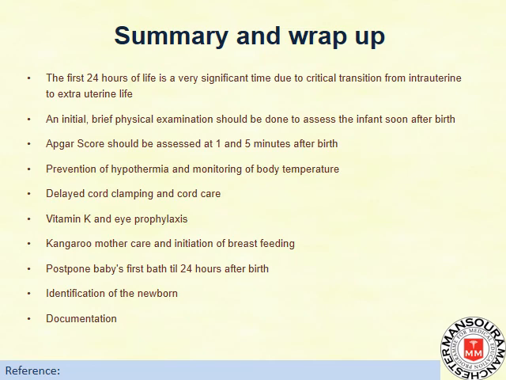Also important are delayed cord clamping and cord care, vitamin K and eye prophylaxis, kangaroo mother care and initiation of breastfeeding, postponing the first bath till 24 hours after birth, identification of the newborn using the footprint or bracelets, and documentation of everything done for the baby.